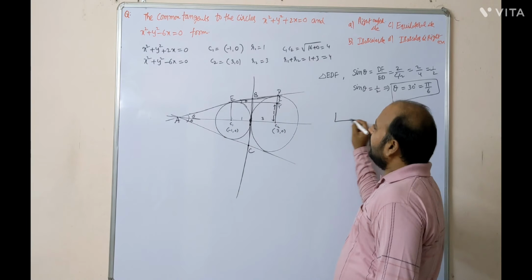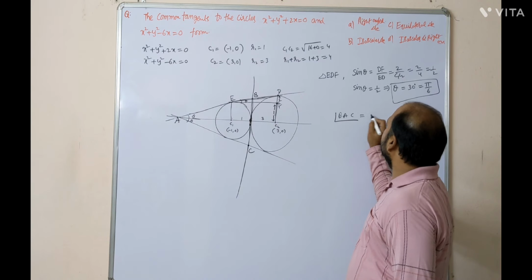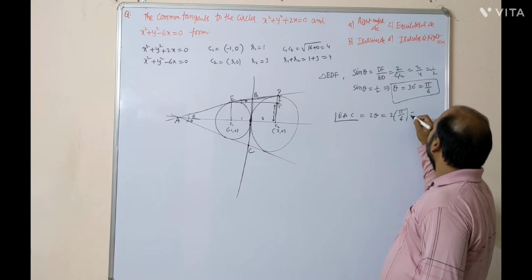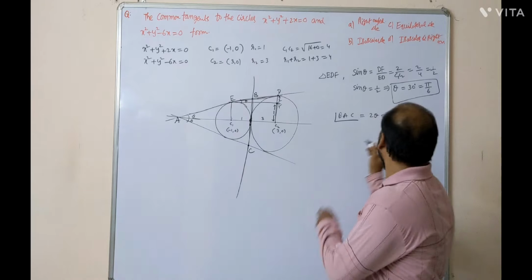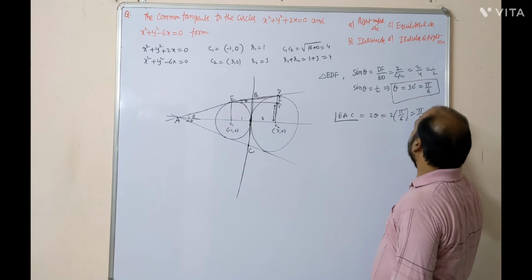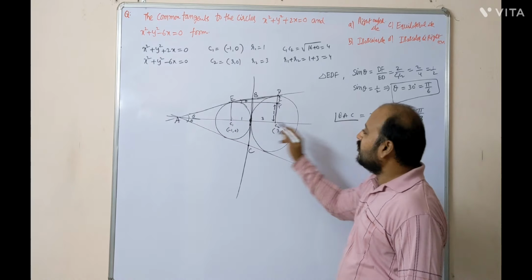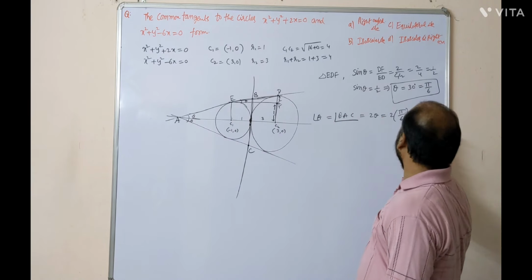Angle BAC is equal to 2 theta. So 2 times the theta value pi by 6, which is equal to pi by 3. So angle A we got as pi by 3. So that means 60 degrees, dear students. So angle A, this is BAC, no? So this angle is equal to 60 degrees.